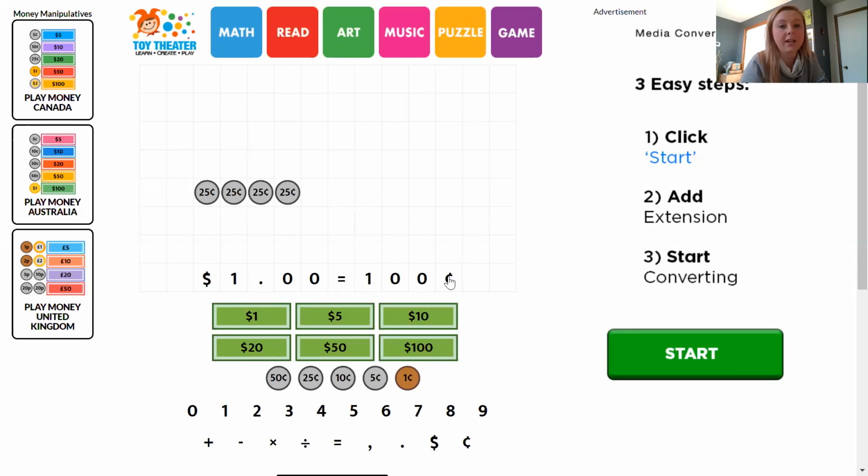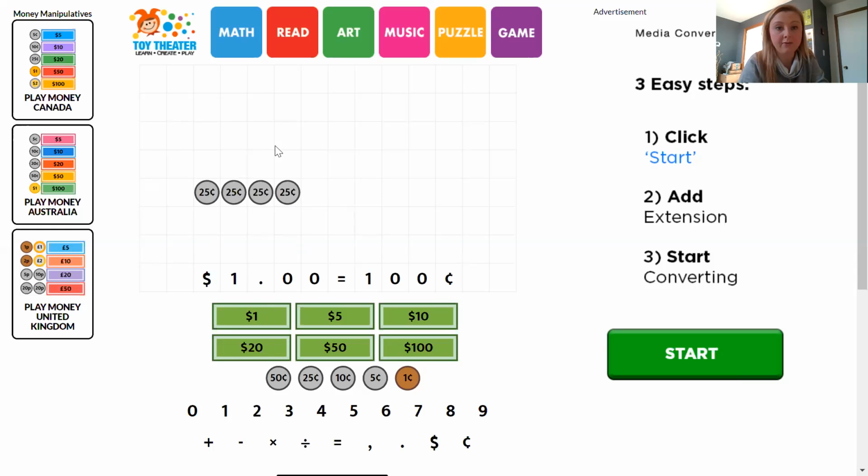And we're going to talk about this little decimal right here more later on. So my 4 quarters, which are 25 cents each, equals 100 cents or $1.